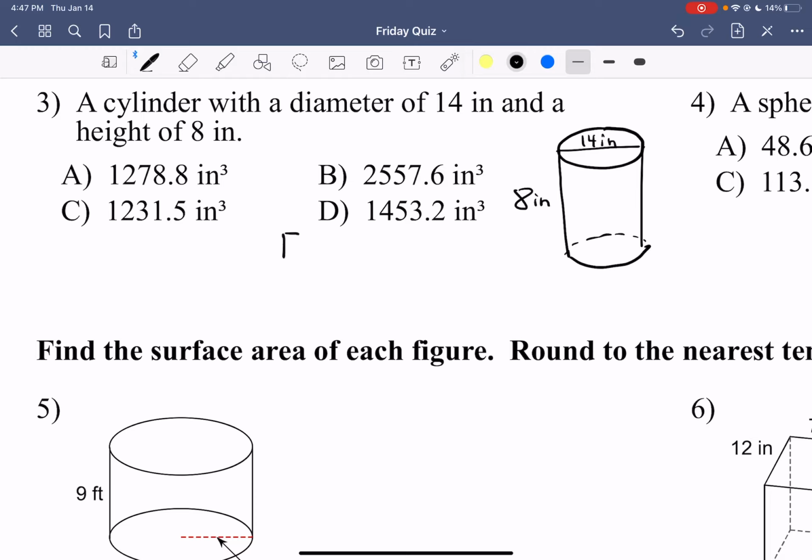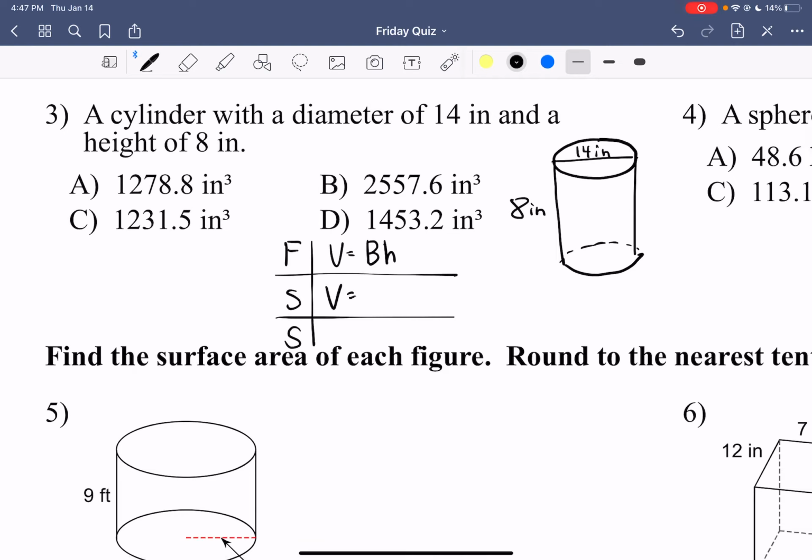So formula, substitute, solve. Cylinder again, which is V equals capital B, area of the base, times the height. So what we're going to do with capital B, we have pi times radius squared, because that's the area of the base. So B, area of the base here, times the height.